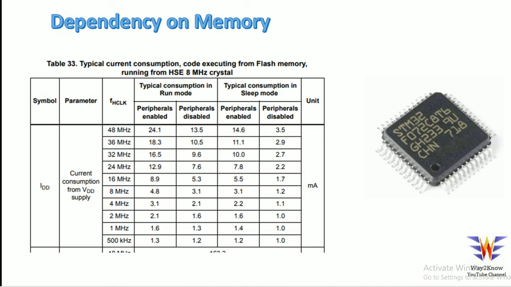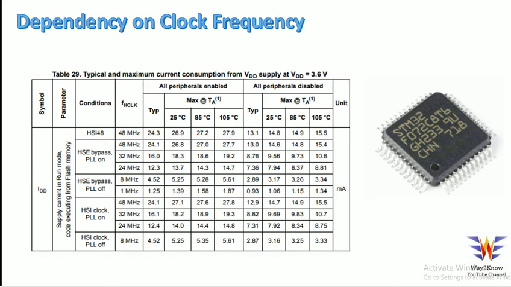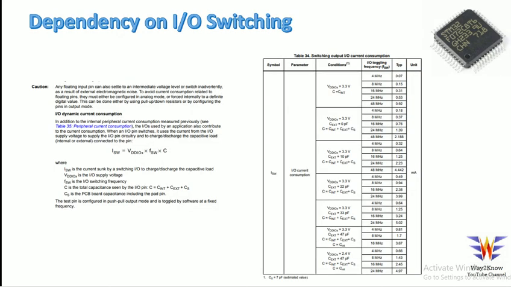When you are operating your microcontroller at different frequencies and executing from the flash memory, depending on the frequency at which it is operated, the current consumption would be determined. So when we say dependency on flash memory, this is what we are saying. The previous one was on clock frequency: what is the core frequency that is used.